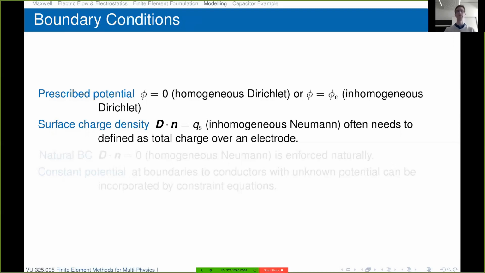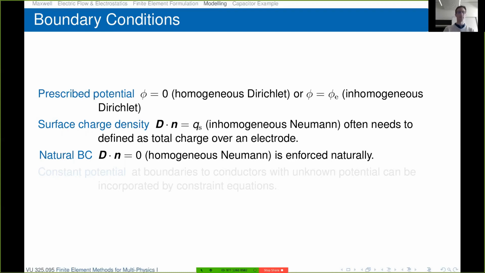We simply divide the total charge by the area, and you get the charge density. And also the natural boundary condition is the homogeneous Neumann boundary condition as usual. This is enforced naturally and means zero surface charge density, or the electric flux is parallel to the boundary.